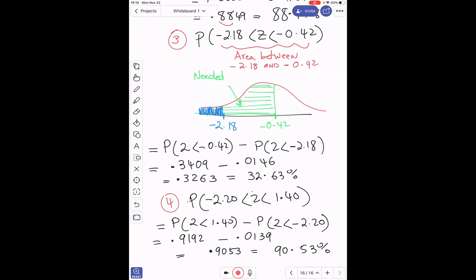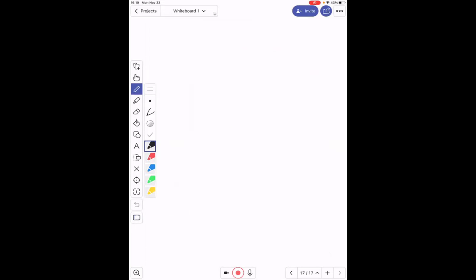I guess I can move to the next page here. So section 7.3: areas under any normal curve or normal distribution.